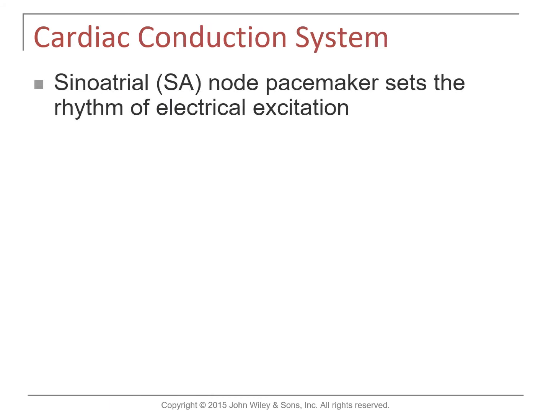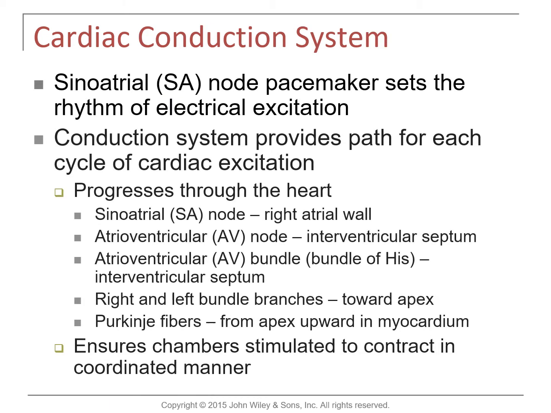The heart contracts rhythmically and autonomously due to the existence of autorhythmic cells that make up the cardiac conduction system. The cardiac conduction system begins with the autorhythmic cells of the sinoatrial or SA node, which acts as a pacemaker for the rhythm of electrical excitation in the heart.